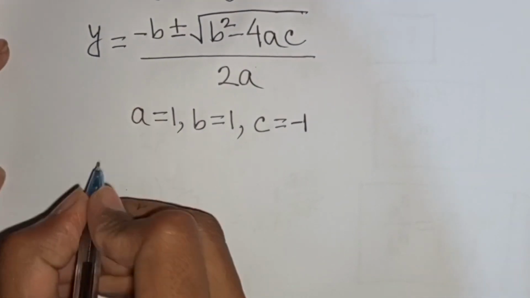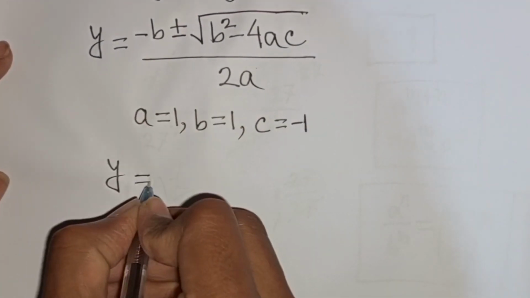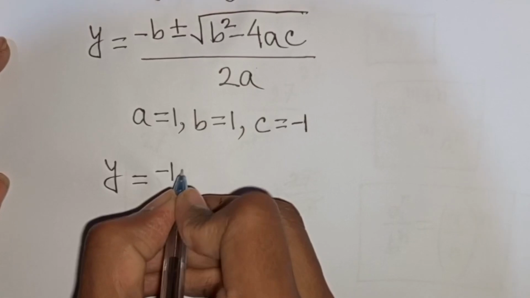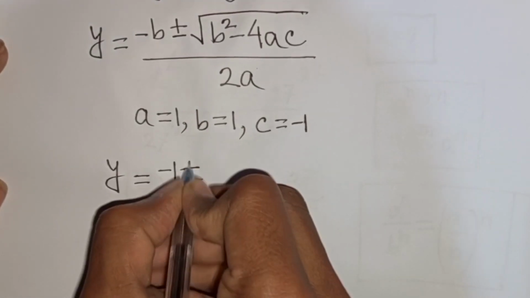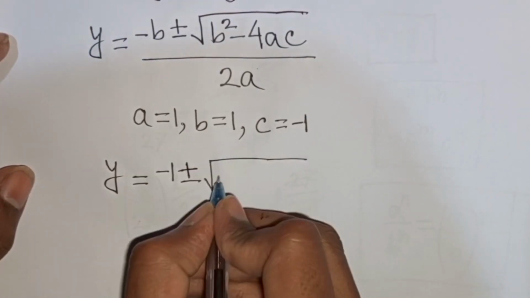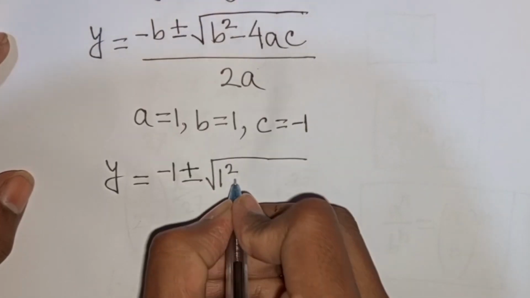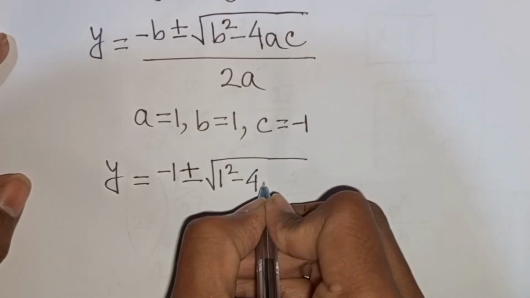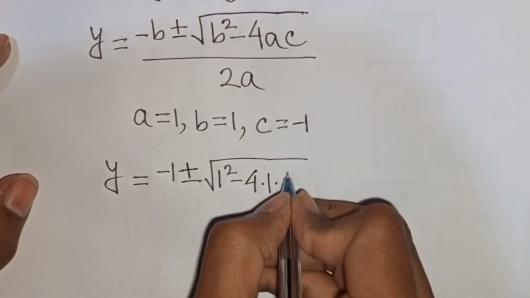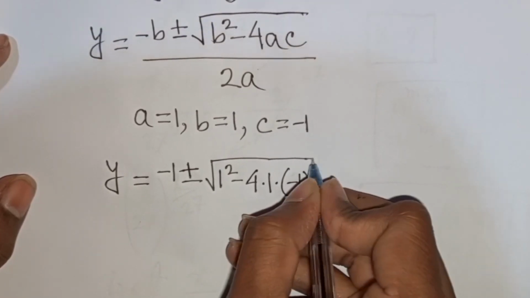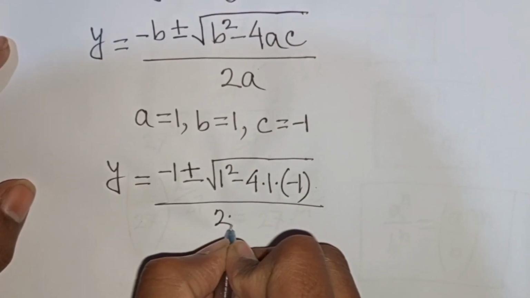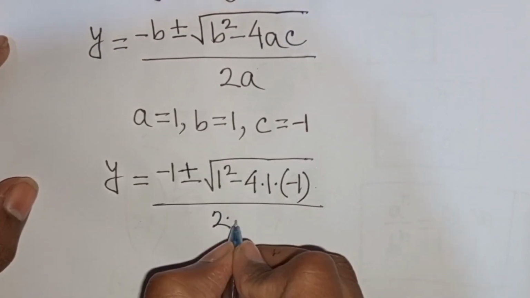Now we can write here y will be equal to minus b, that means 1, then plus or minus square root of b square, that means it will be 1 square, minus 4 times a, that means 1, times c, that means negative 1. So it will be bracket negative 1, then divided by 2 times a, that means 1.